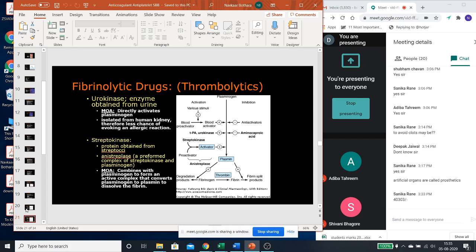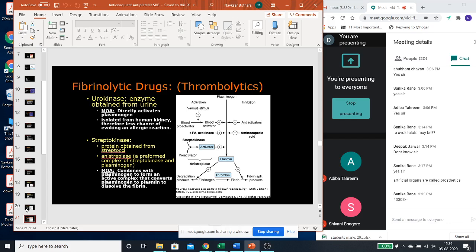These are the proteases, these enzymes causing breakdown of protein, and being protein molecules themselves, they can have hypersensitivity reactions. These are the major adverse effects they can have, but urokinase will not, because it is obtained from human urine, the human body recognizes it as a substance present in the body, or a ubiquitous substance, and therefore it will not show any kind of hypersensitivity reaction.